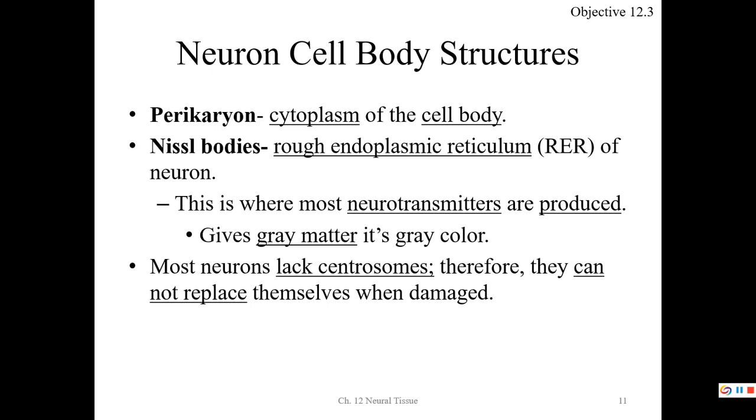Karyon references nucleus. It actually means kernel. So perikaryon means around the nucleus. What is around the nucleus is our cytoplasm. So the cytoplasm in the cell body is called perikaryon.